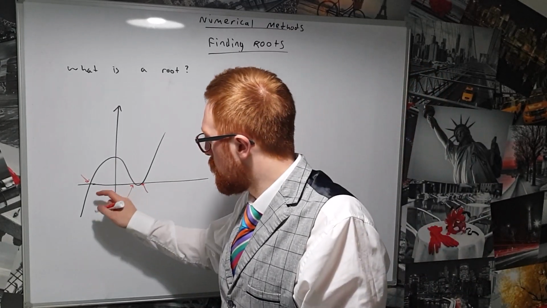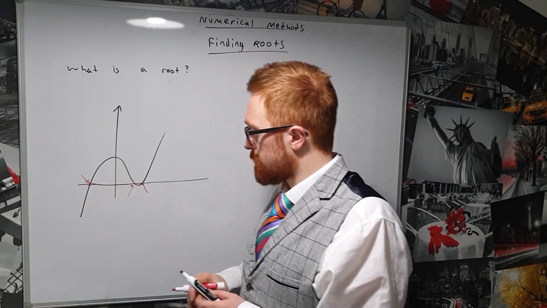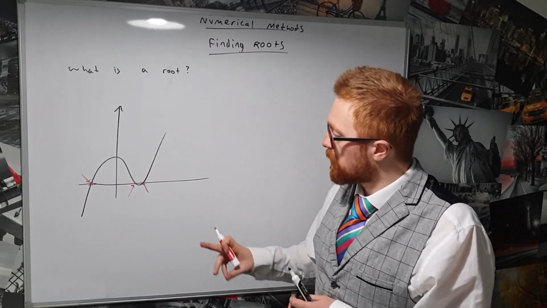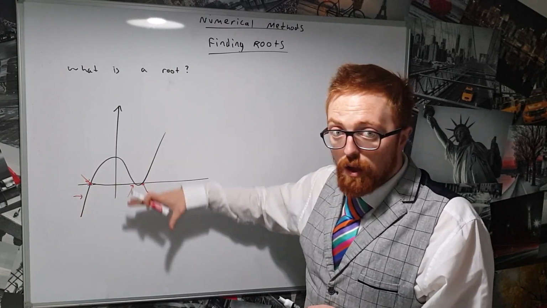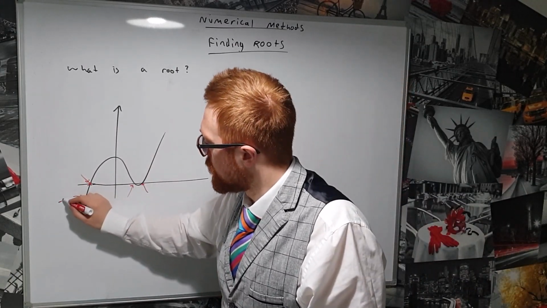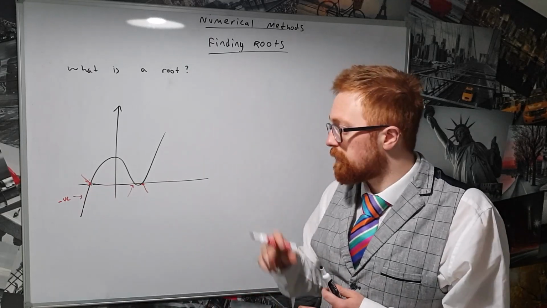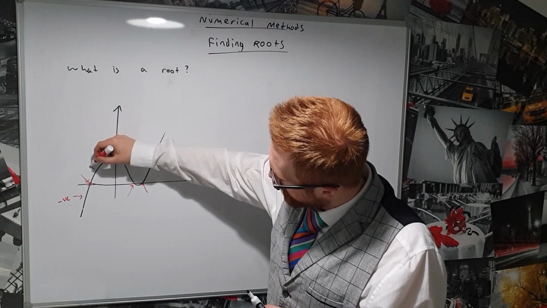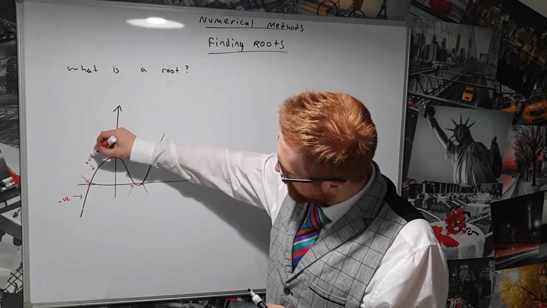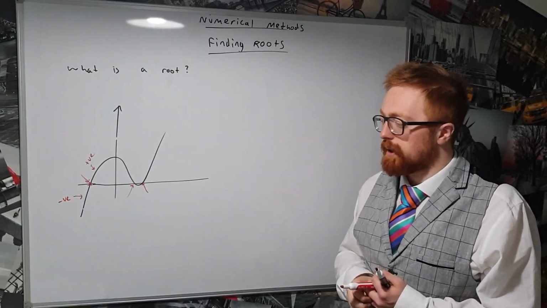If we zoom in on this point here, you'll notice that the curve to the left hand side of the root is below the x-axis, which means it's going to take a negative value, and the curve to the right of that point is above the x-axis, so that's going to take a positive value.